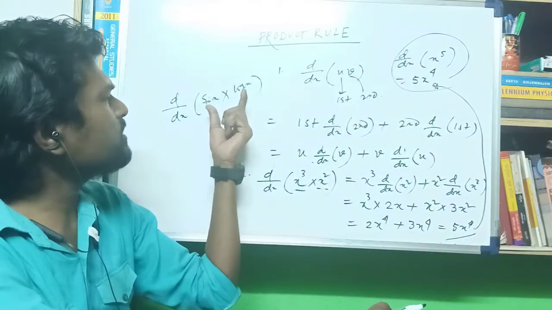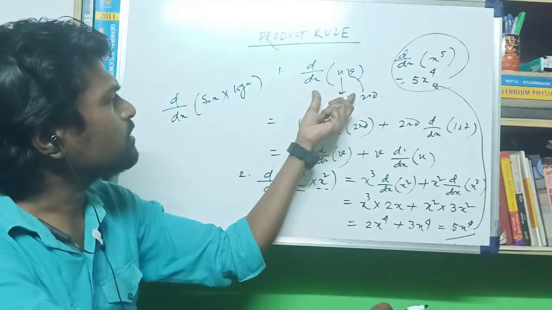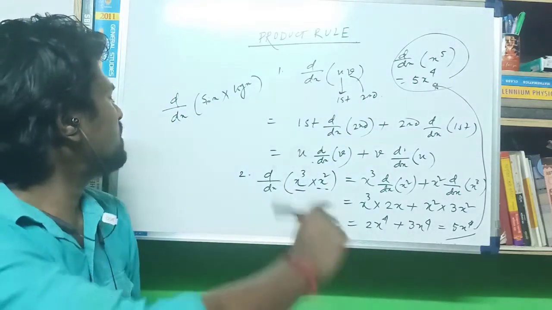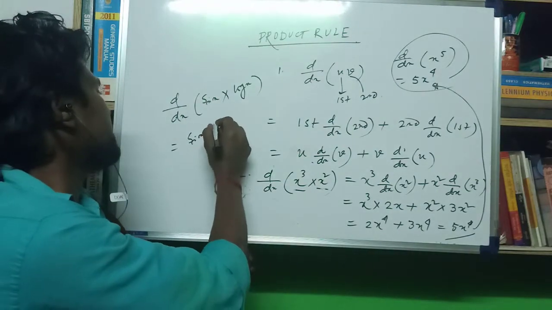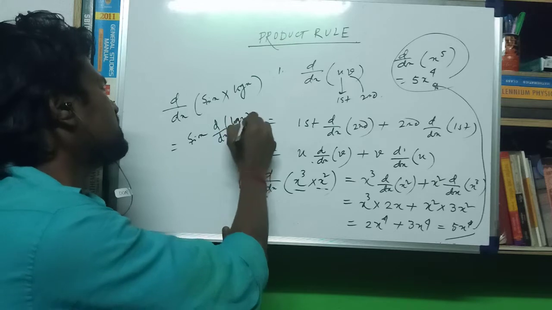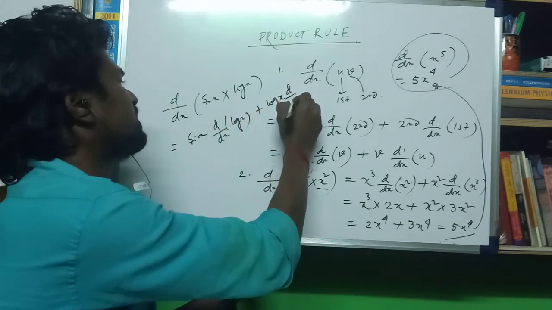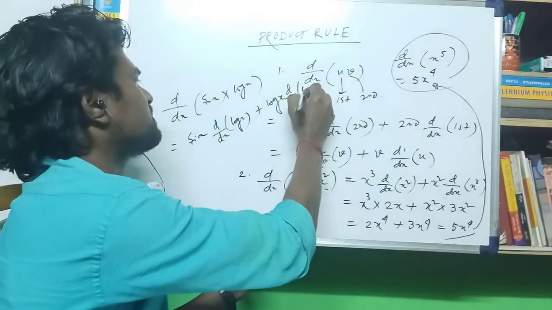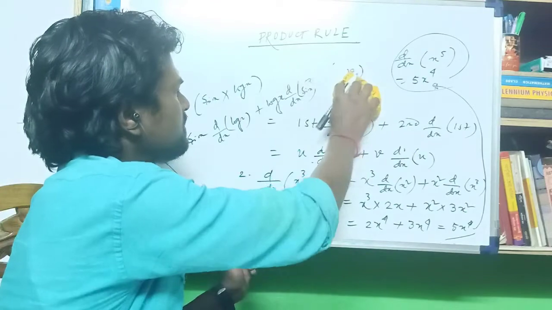If the two functions are in product form, then you take the product rule. So sin x into d/dx of v, that is log x, plus log x into the derivative of the first function, that is sin x.